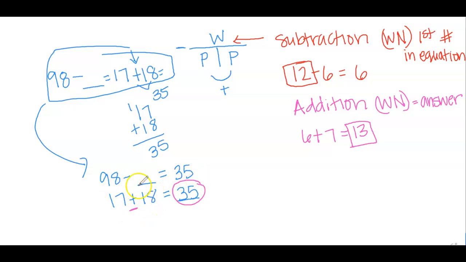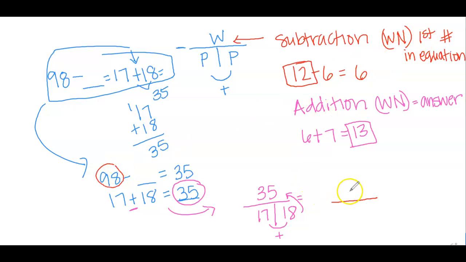But in this equation, for example, if I were to write this as part-part-whole, it would be 35, 17, and 18. So in order to get 35, we added these two together, and that gave us 35. So now we have part-part-whole, but for subtraction. In subtraction, we have our first number, which we know is our whole number.